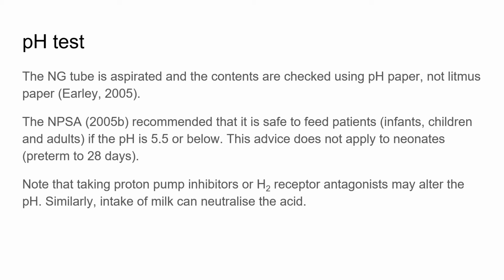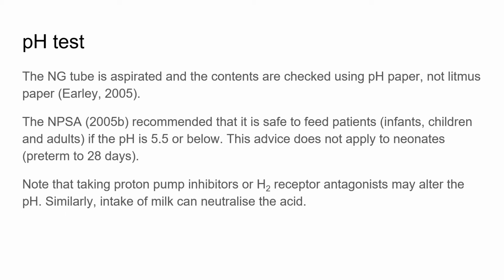That means it is not tracheal aspirated fluid, rather it is gastric aspirated fluid. This advice does not apply to neonates, preterm babies to 28 days. Otherwise, a pH of 5.5 or below in the aspirated fluid is considered ideal.